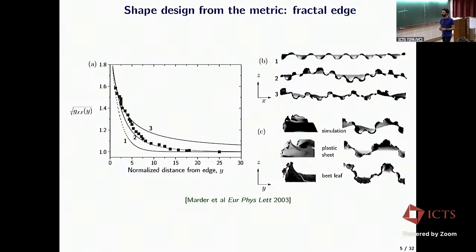When you see this kind of shape in nature, you can wonder about the process that makes them look like this, because the shape is complicated. If you want to program this shape directly, it is complicated, but it actually comes out of a very simple metric.